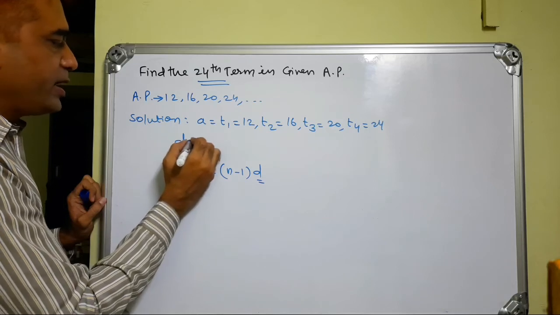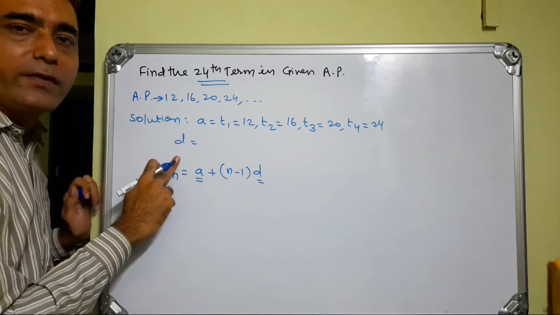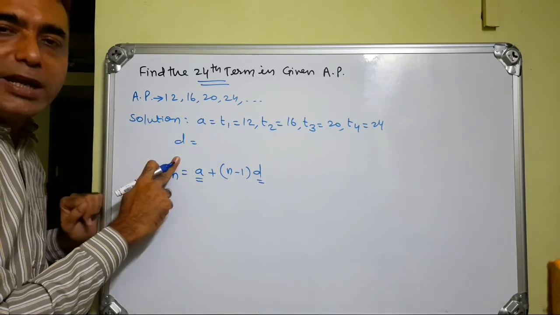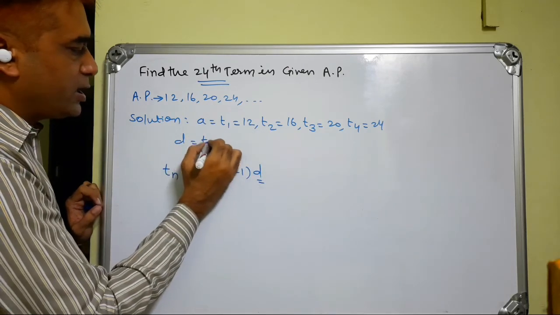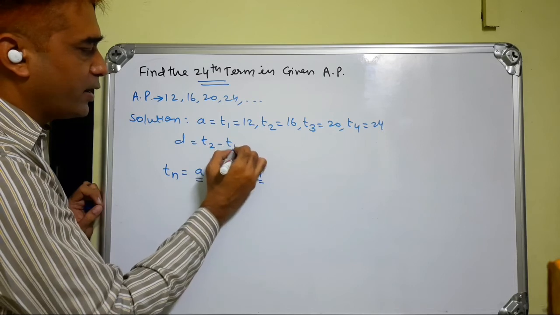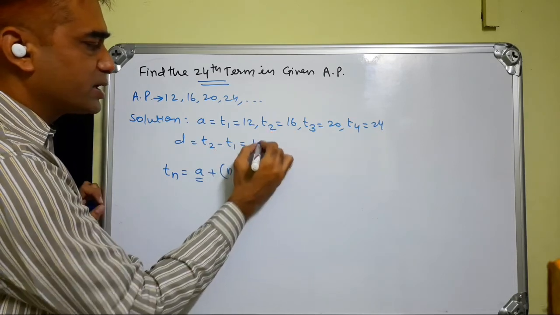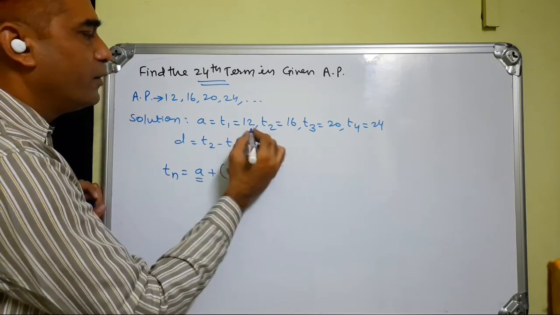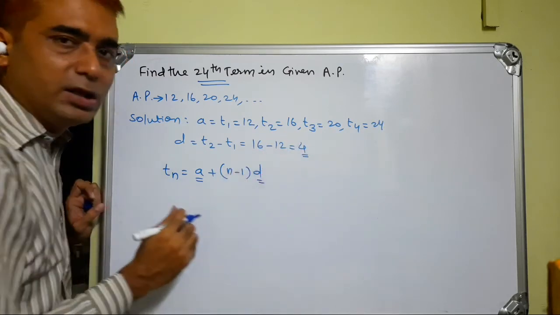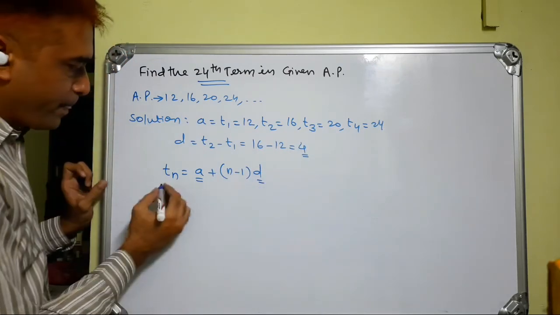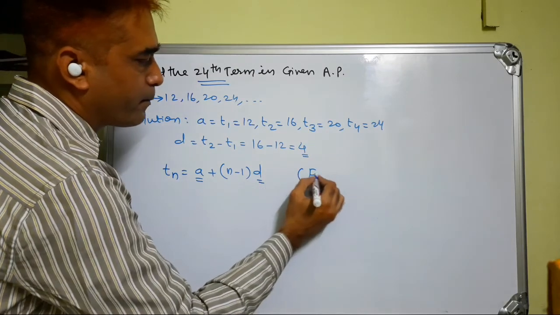D means common difference, the difference between any two consecutive terms. So we find T2 minus T1. D equals T2 minus T1, T2 is 16, the second term is 16 and the first term is 12. So 16 minus 12, the common difference is 4. D is 4.